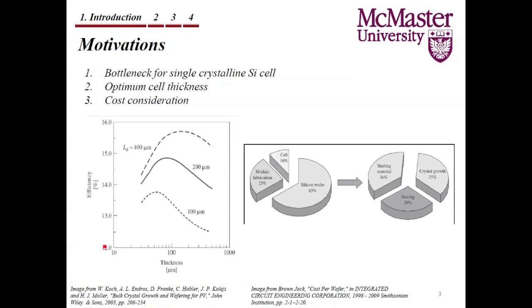This is why we need a new method to produce very thin single crystal silicon wafers. It can also apply to any other semiconductor substrates such as gallium nitride and indium phosphide. Due to cost consideration, that's the main factor why we invented this method to produce substrates.